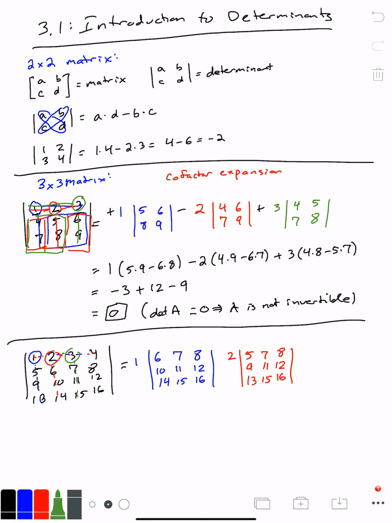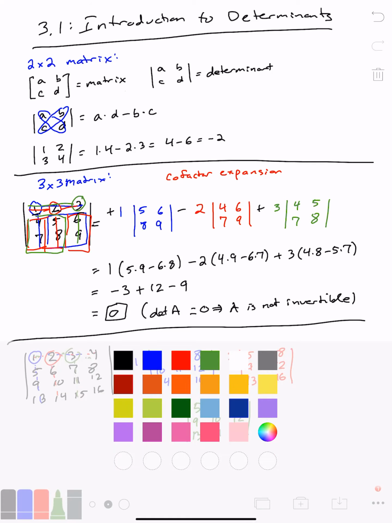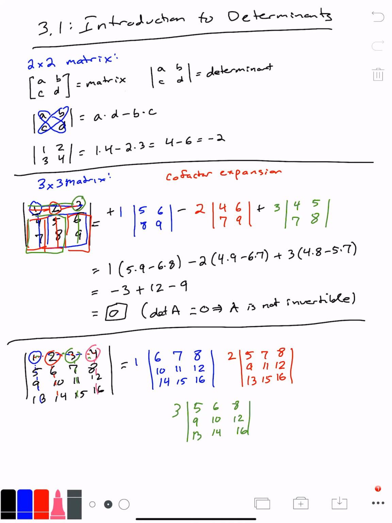Then you'd have 3, with 5, 6, 8, 9, 10, 12, 13, 14, 16. And lastly, 4, with 5, 6, 7, 9, 10, 11, 13, 14, 15. And don't forget plus, minus, plus, minus.